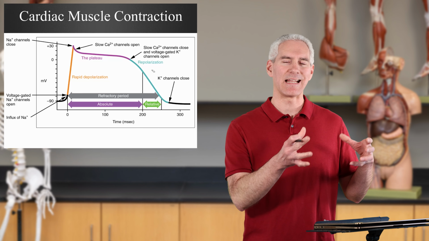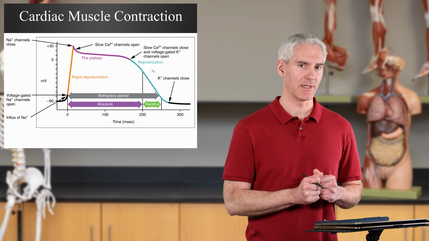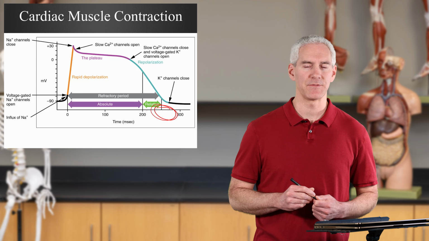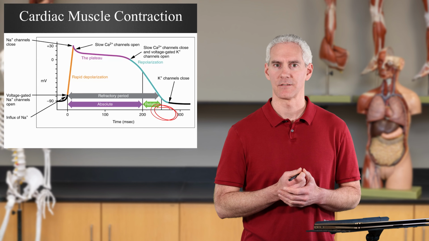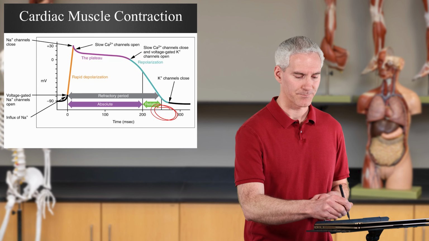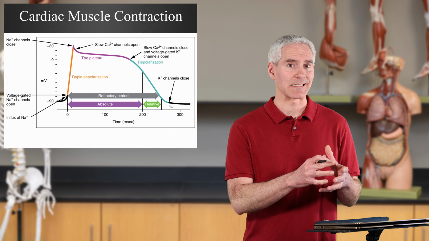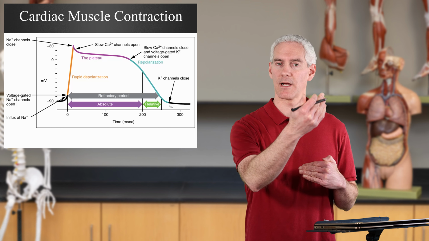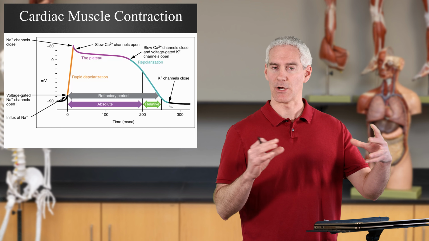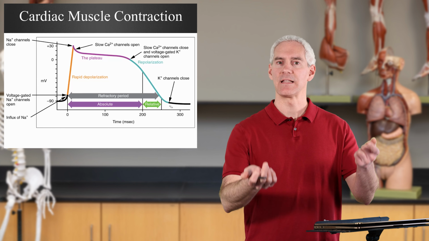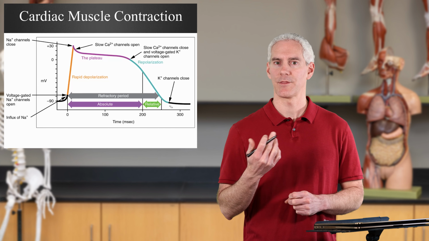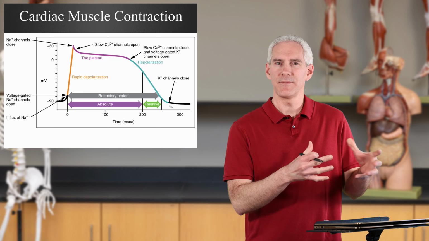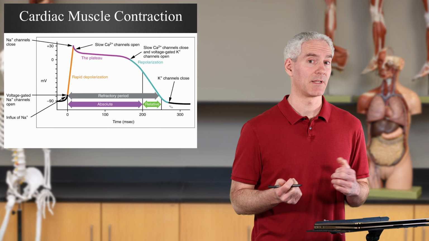But because of that actual plateau phase in the middle, we've now pushed up into roughly the 250, 260 millisecond range. So yes, this starts at -90 millivolts, a difference, but then still depolarizes the same way. Plateau phase is different, but then still repolarizes the same way with voltage-regulated potassium channels. So a little bit of differences here, but yet some similarities.